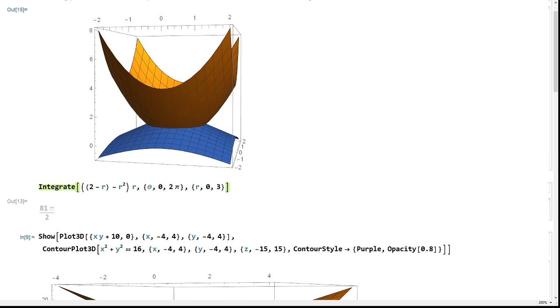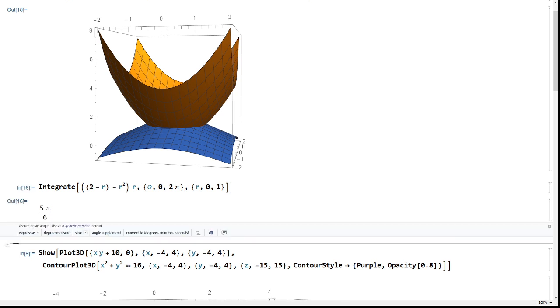And again, the nice thing with Mathematica is I don't have to distribute this and simplify, just toss it in there as it is. And my bounds, the first set here is for the first integral, counting from the left. This one is for the second integral, counting from the left. And run that. All right, we get 5 pi over 6. So this integral is equal to 5 pi over 6.